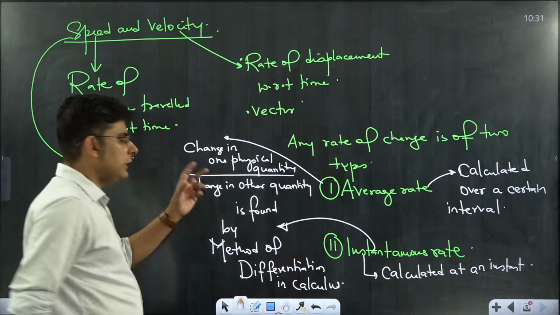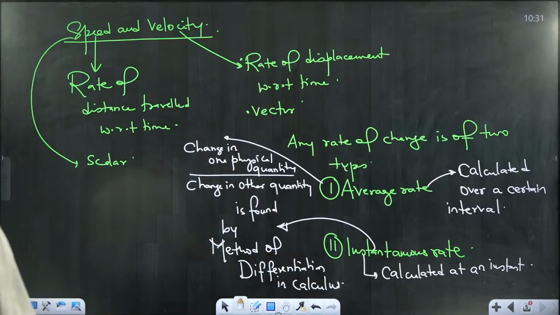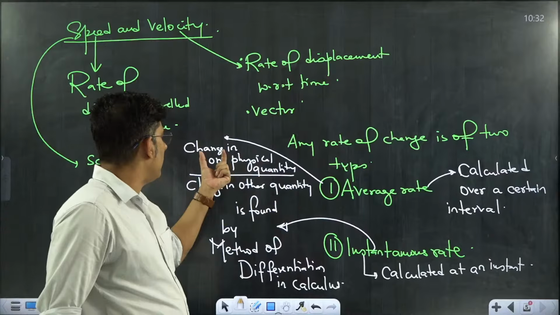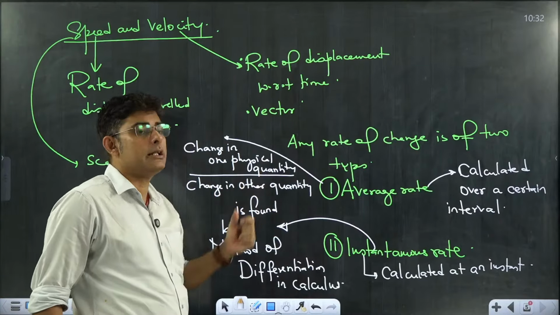So when you divide two changes, change in one quantity divided by change of the other quantity, you get what is called average rate. And instantaneous will be found by the method of differentiation in calculus, which has to be studied later on. Presently, we are just focused on average rate, which is found by change in one physical quantity by change in the other quantity.